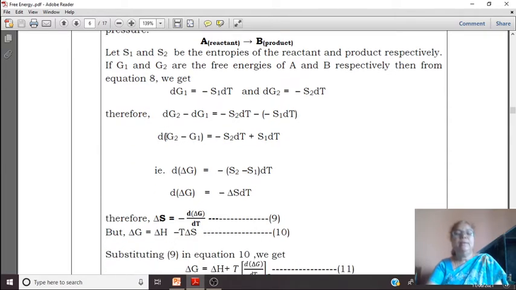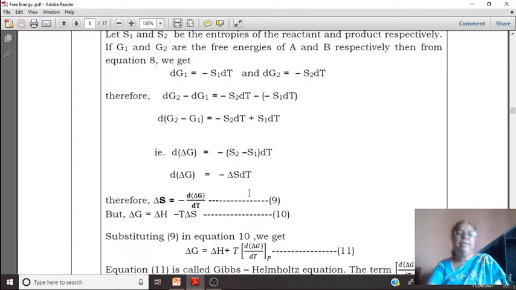And here we write this as d in a bracket G2 minus G1 equal to minus S2 into dT plus S1 into dT, that is d of delta G equal to minus S2 minus S1 into dT, and d of delta G we can write as minus delta S into dT.